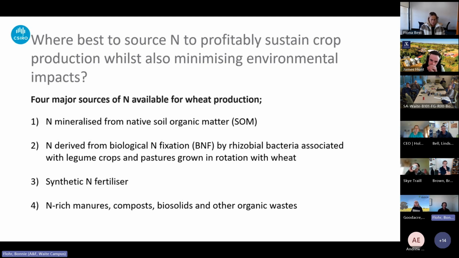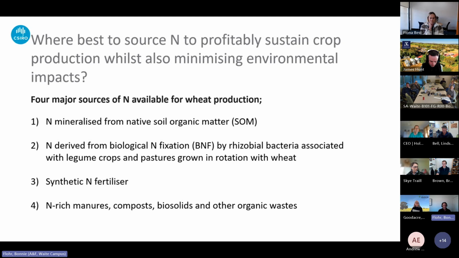They are N mineralised from native soil organic matter; the second source is N derived from N fixation from legume crops and pastures grown in rotation with wheat; the third option is synthetic N fertiliser produced through the Haber process, largely as urea; and the fourth source is N-rich manures, composts, biosolids and other organic wastes.